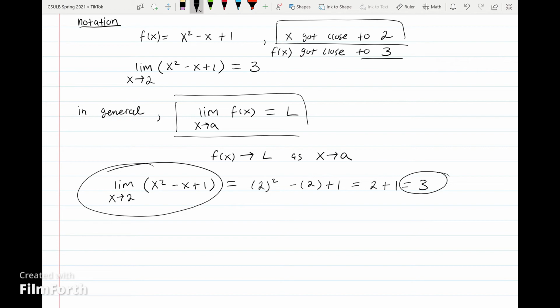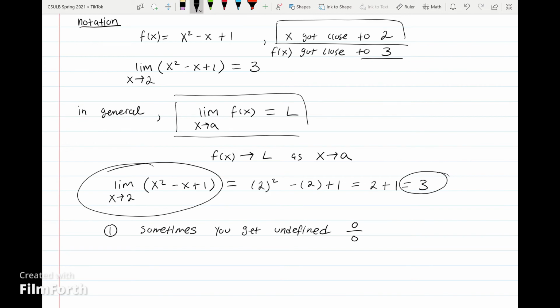Now, you can always do this, okay? But sometimes you don't get a number out. Sometimes you get undefined. Undefined is 0 over 0. Actually, I'm sorry, it's 0 over 0. So if you get 0 over 0, it's undefined. Believe it or not, a number over 0 is actually defined for limits.